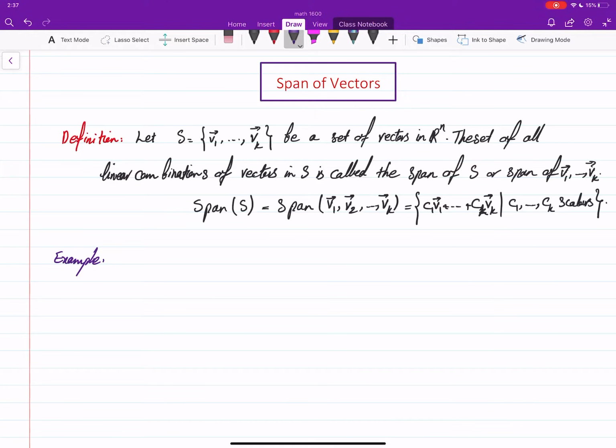For example, you can now see the meaning of this question: is (1, 2, -1) in the span of these two vectors, (2, 1, 0) and (-1, 0, 1)?